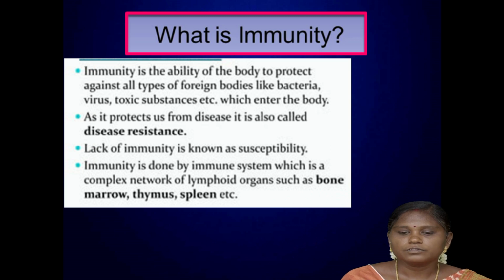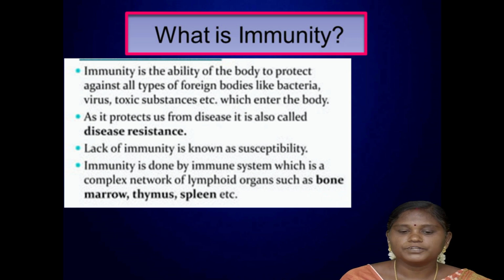Okay, so the immune system functions with the term called immunity. You should know what is immunity. Immunity is the ability of the body to protect against all types of foreign bodies like bacteria, virus, and other toxic substances like chemicals, that is, the chemicals which cause some diseases.